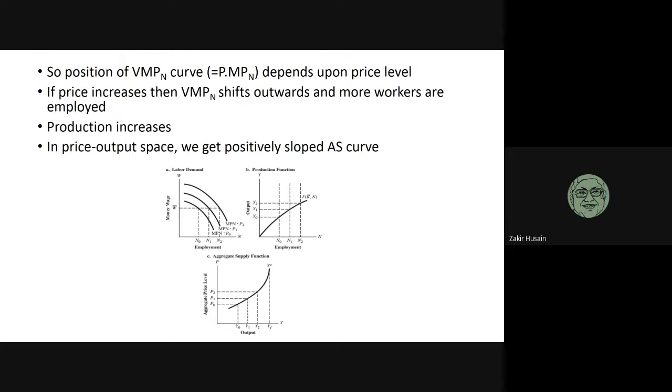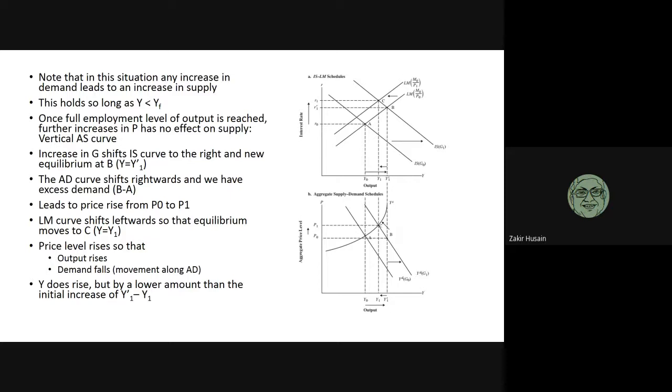So we now have three types of supply curve. The classical supply curve, which was completely vertical. The initial Keynesian curve, which was completely horizontal and which fit in with a depression economy. But in normal circumstances, we are going to get a positively sloped supply curve. So now let us see what happens if we introduce a positively sloped supply curve.